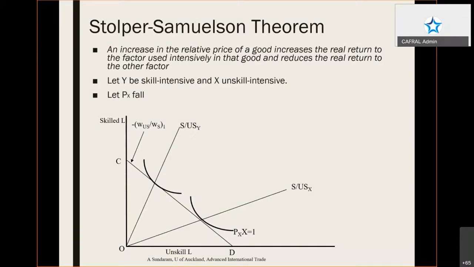Now, if we think about inequality as the difference between the wage of skilled labor and unskilled labor, in other words, the skill premium, then what the Stolper-Samuelson theorem tells us is that in developing countries, inequality must go down, because unskilled labor is going to gain from trade, but skilled labor is going to lose. So that's a decrease in inequality.